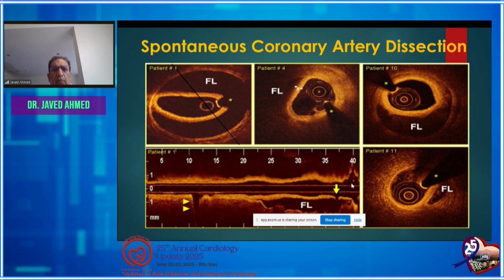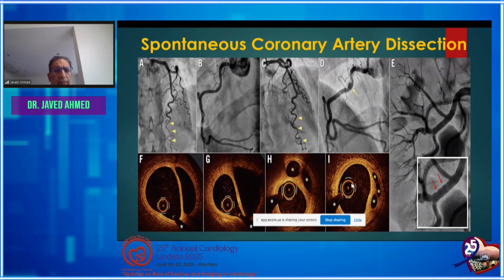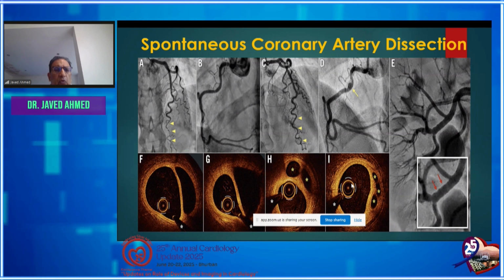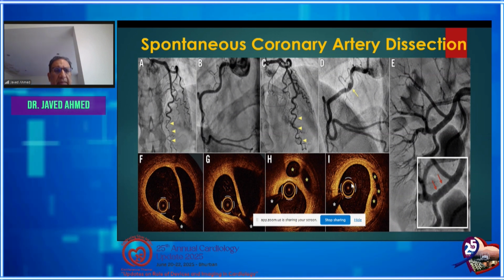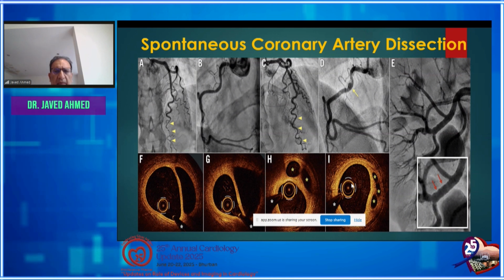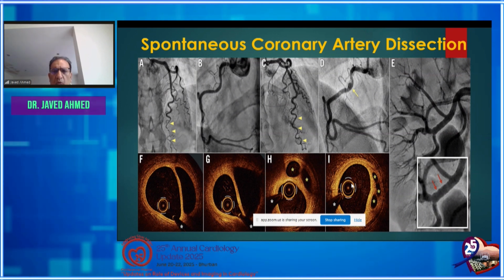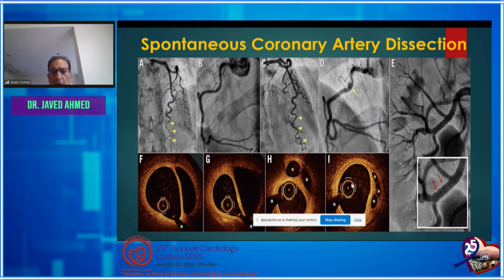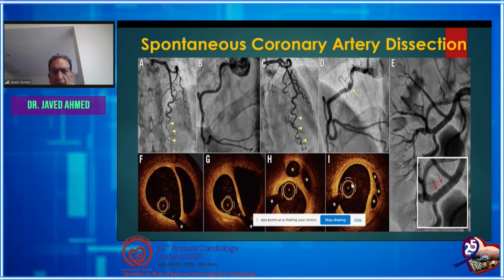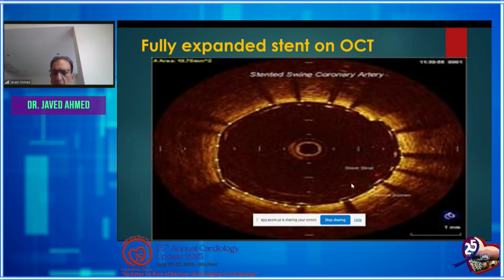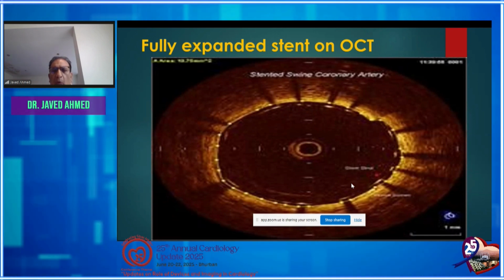And then this is another example of spontaneous coronary artery dissection, where you could see the caliber actually reduces considerably in the distal LAD, and you could see on the OCT that there are two patent lumens.